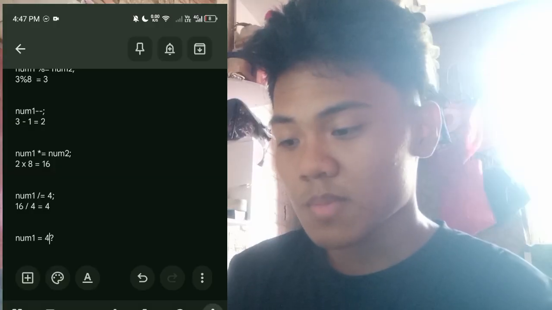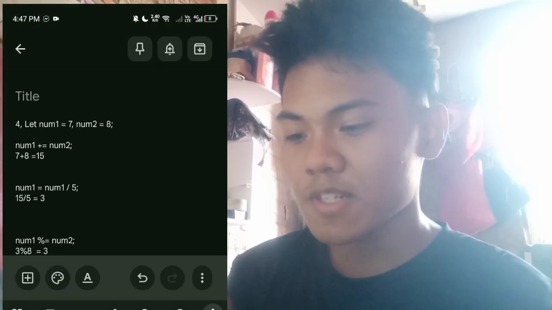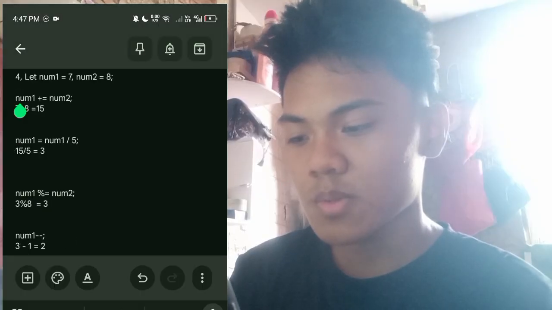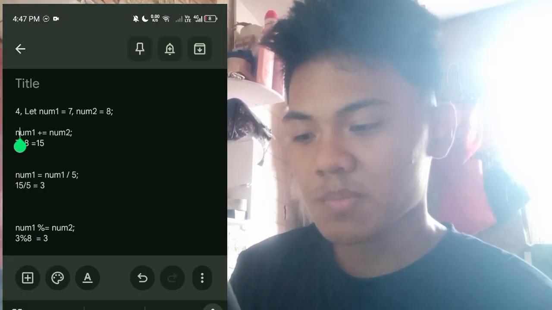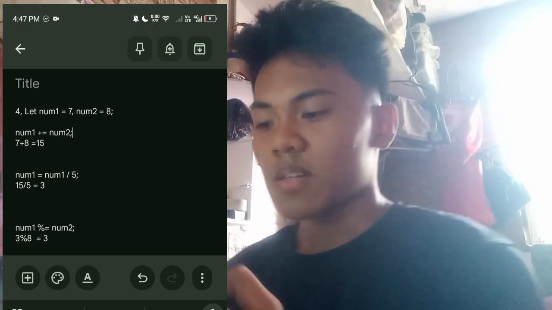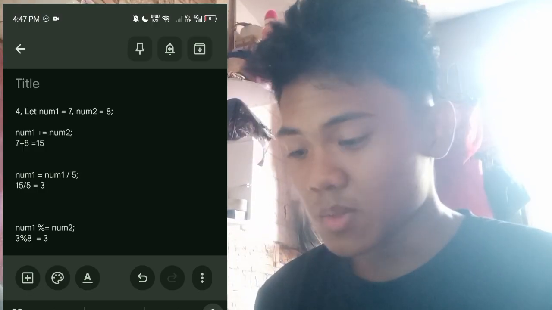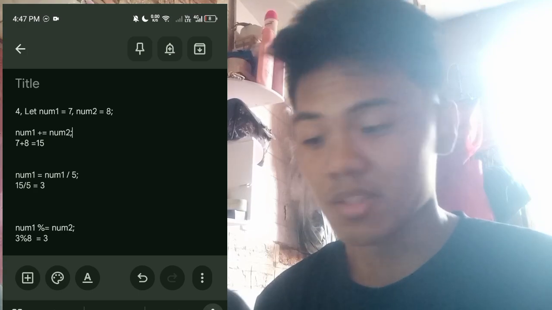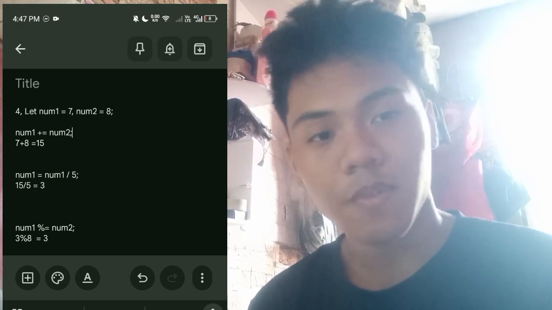So to summarize it all up, the very first step, num1 plus equals num2, just means num1's value will be added to num2. Since it's basic addition, it will be 7 plus 8 equals 15.